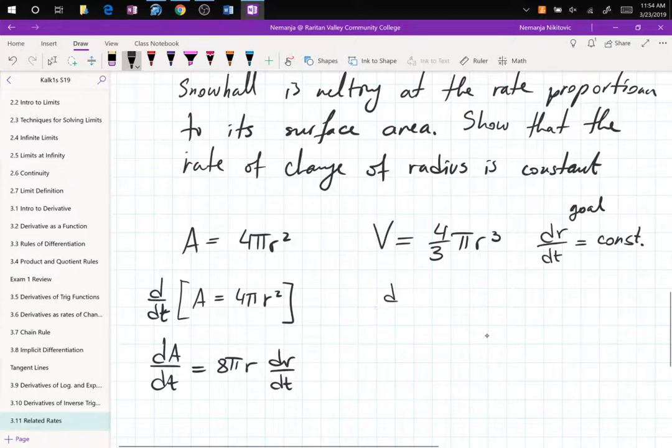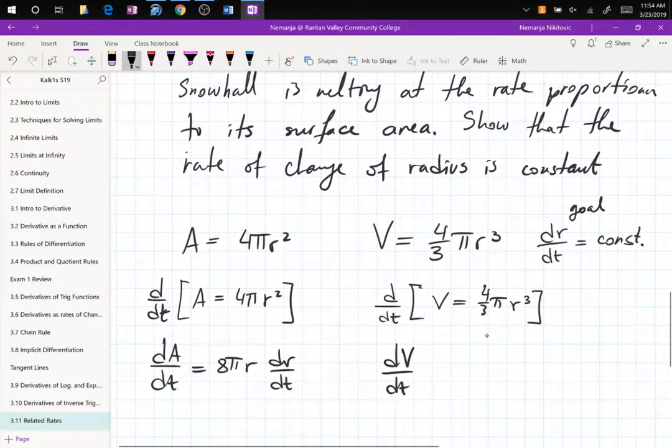And when I do the same on the volume side, you are going to get that the change of volume in time is 4 pi r squared dr dt.